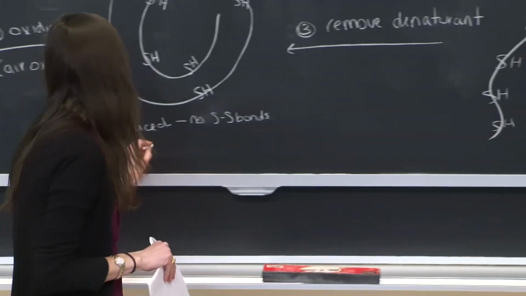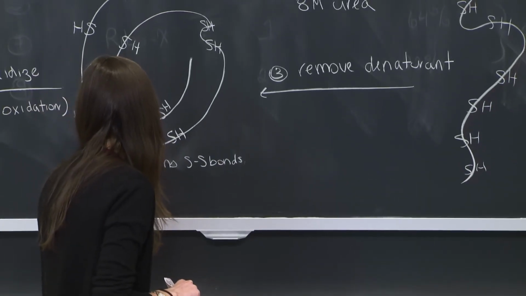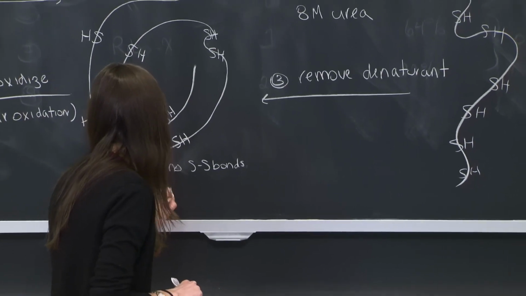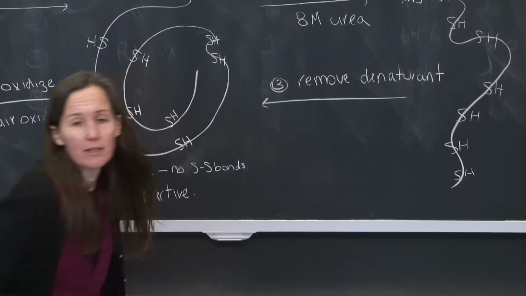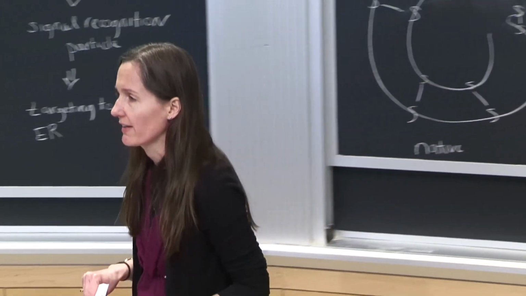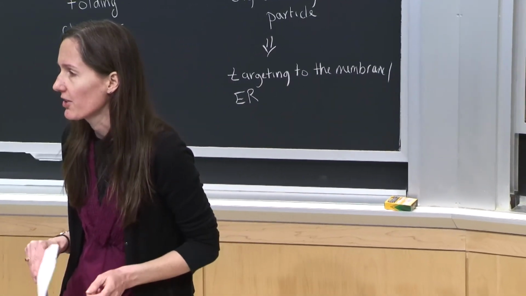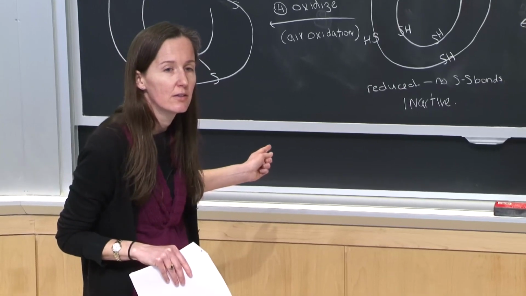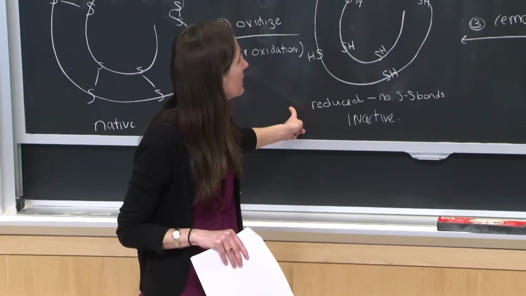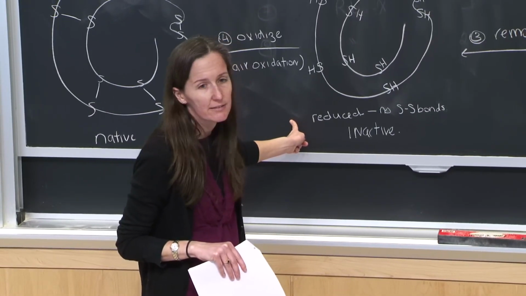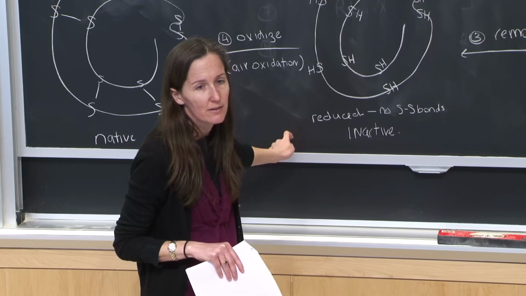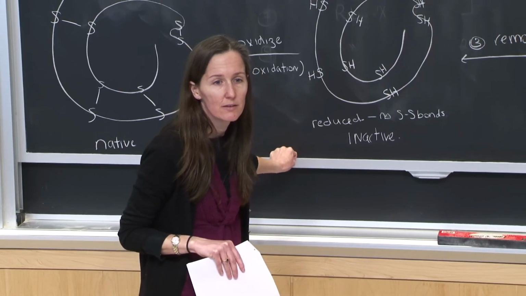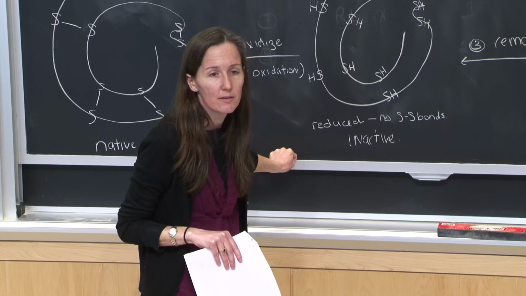There was a loss of activity here. Yeah. Was it 100% or less than 100%? I'm not sure about that detail. Are you sure they didn't denature before they reduced? I think he's done it other ways. With a protein with a lot of disulfides in it, they may not be accessible to reductant. Mm-hmm.